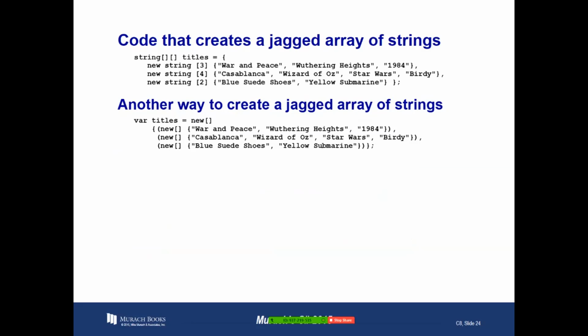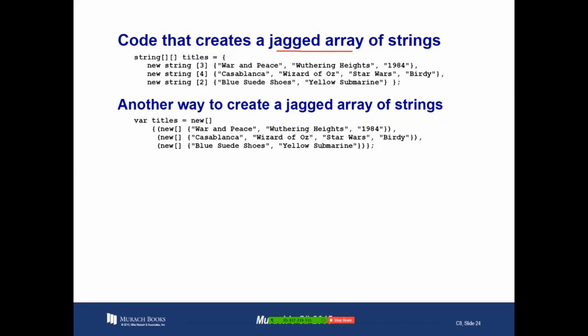So here's an example of jagged arrays. It's a string array that creates a jagged array of strings. And so we've got 3 rows, and the first row has got some movies.